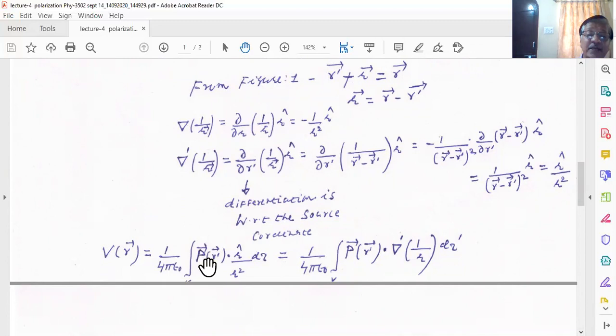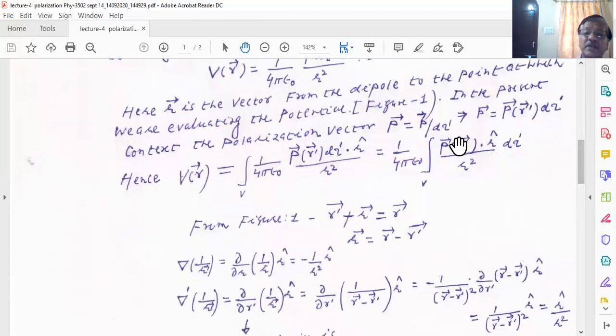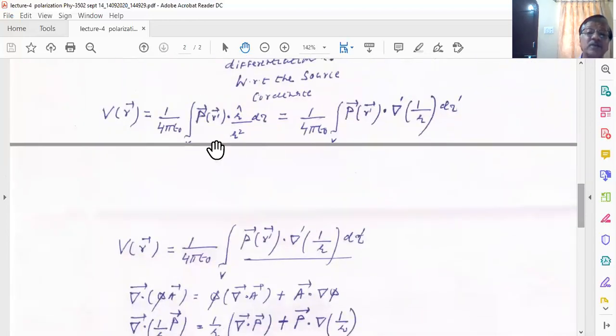This is the total potential because of the field of a polarized object, and this expression I simply write here: P of r prime dot unit vector r over r squared, which is del with the prime notation operating on 1 upon r, d tau prime.